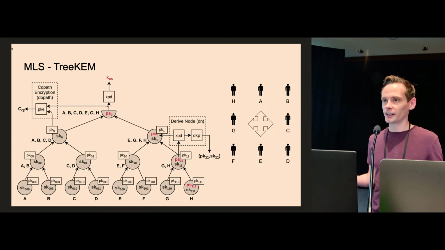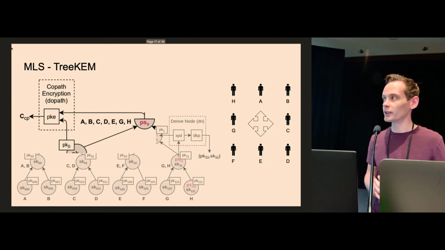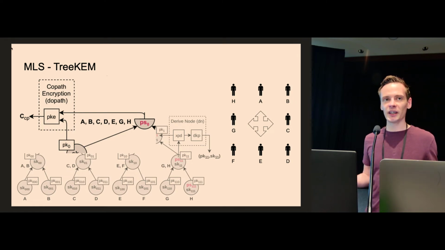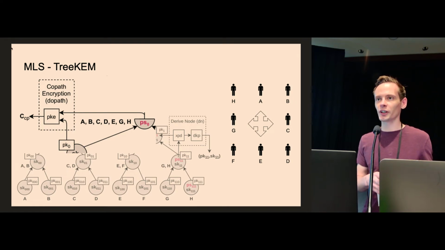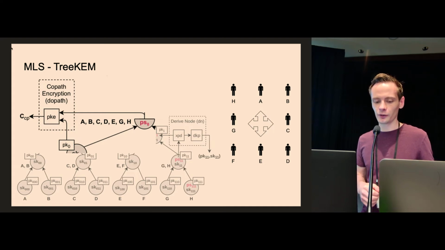So in order to share this information with the rest of the group, H will encrypt this to the other members of the group, basically just using the public key of some other node to encrypt this secret value of a node, so that the other members may use it to derive the corresponding values.